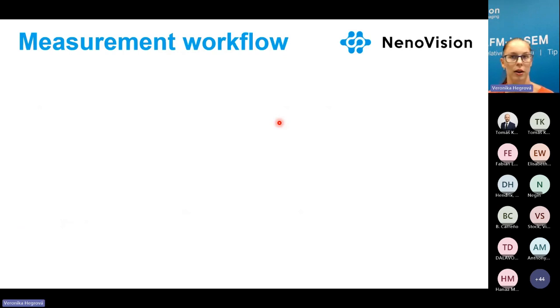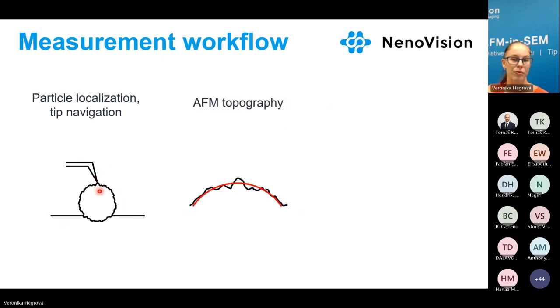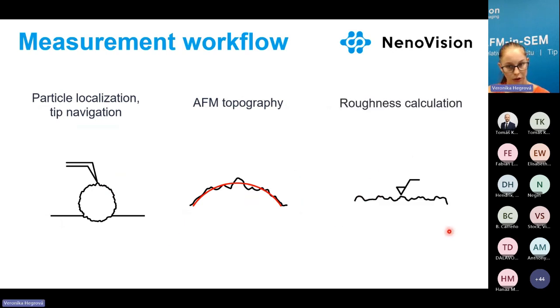So before that, what is the measurement workflow? First of all, we need to find the particle and navigate the tip onto the particle. Afterwards, we can measure the surface and calculate the roughness.